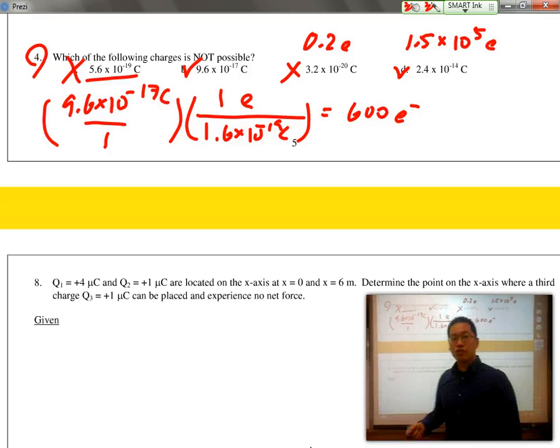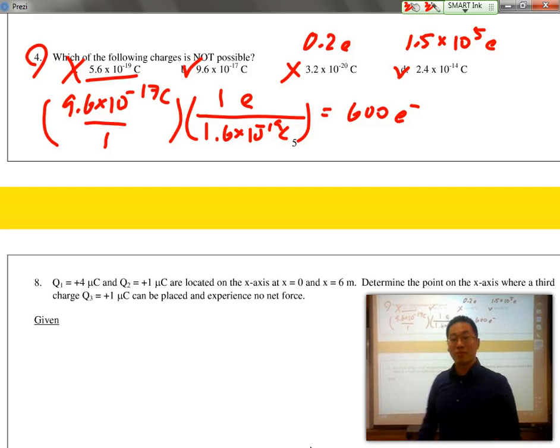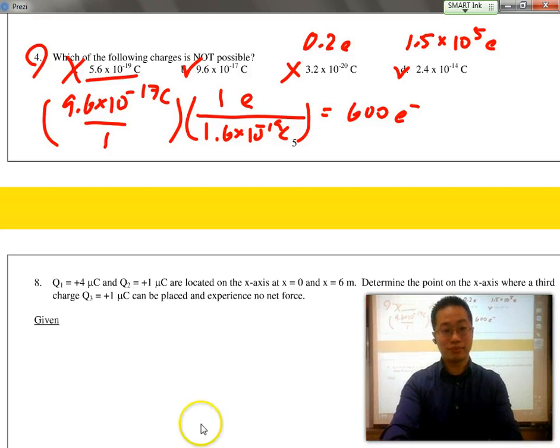So anytime you have a charge that's smaller than 1.6 times 10 to the negative 19, that's automatically not a possible charge because every charge is made up of a whole number of electrons. And that's what quantized means. It means that there is a specific quantity of electrons.